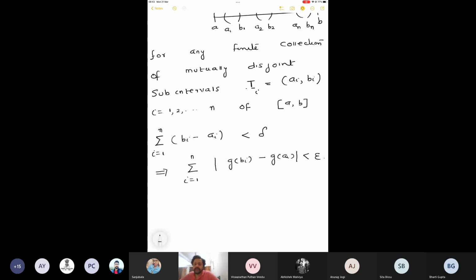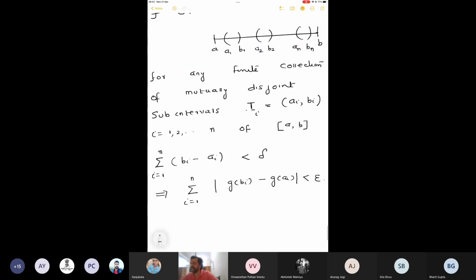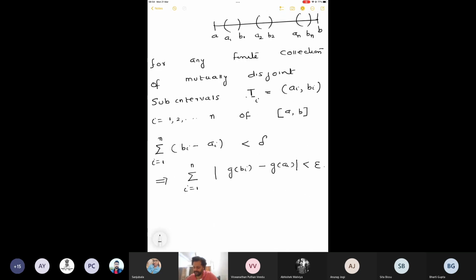Now, once you understood this definition, you should be able to answer my next question, namely, do you see that absolute continuity implies uniform continuity? It's very simple. Suppose you have this. Do you see that it will be uniformly continuous? Yes, sir.